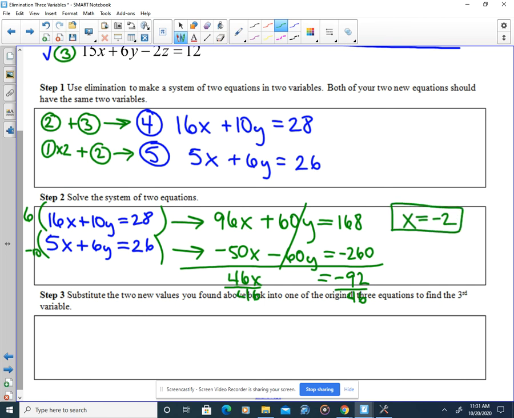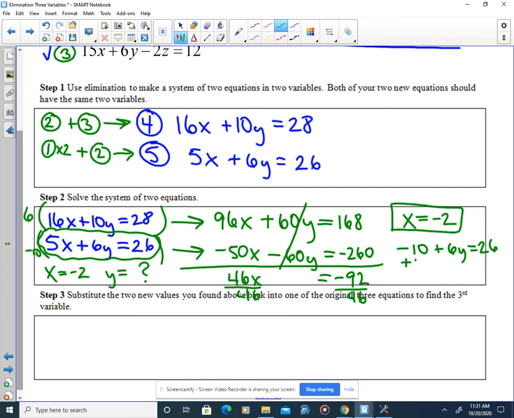Okay, now we got to find what y is. We know x is negative 2. Now let's find out what y is. So let's substitute negative 2 into this equation. So plug negative 2 in for x. So we have 5 times negative 2 is negative 10, plus 6y equals 26.